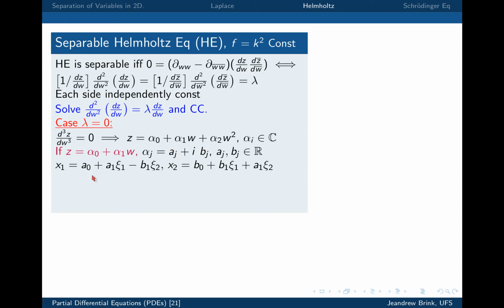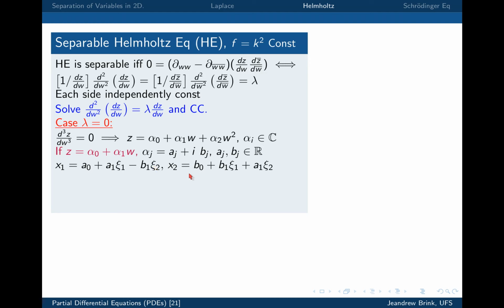Okay, so the real part gives you, for alpha 0, it's just a0, which goes into x1. For x2, you have the imaginary part, which is b0. So that's the first contribution. And then over here, you have the real part of alpha 1 times the real part of w, minus the imaginary part of alpha 1 times the imaginary part of w, which is x2.